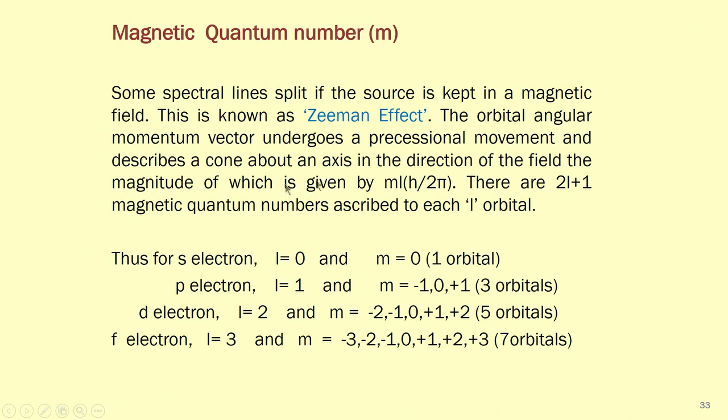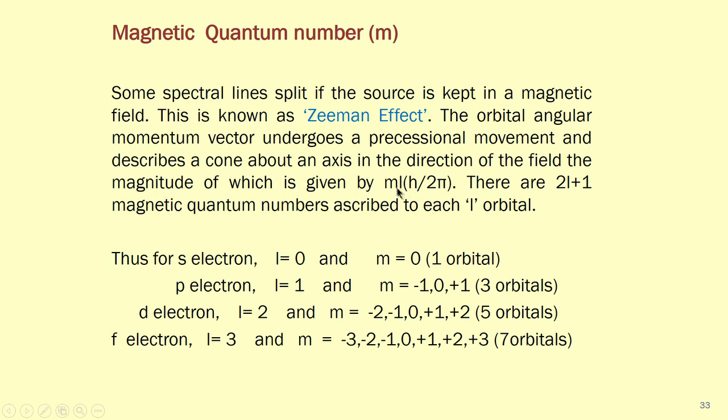So, the precessional movement, for example, orbital angular momentum or a repetitive movement in a circular or elliptical path, is always described by the magnetic momentum, and that magnetic momentum for any electron is described by this equation: m into L into h upon 2 pi, mLh by 2 pi.